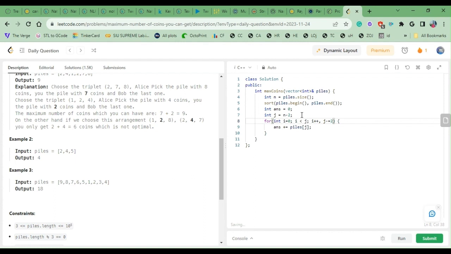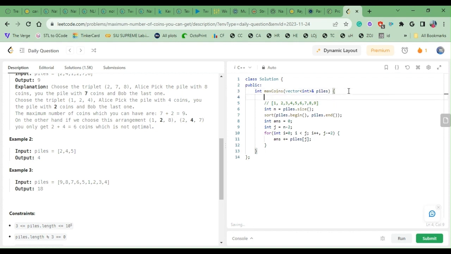So why 2? I'm commenting and writing in the array 1, 2, 3, 4, 5, 6, 7, 8, 9. This is actually example 3, right?